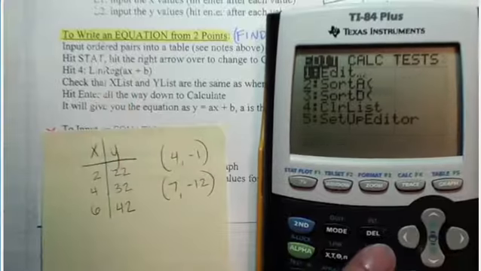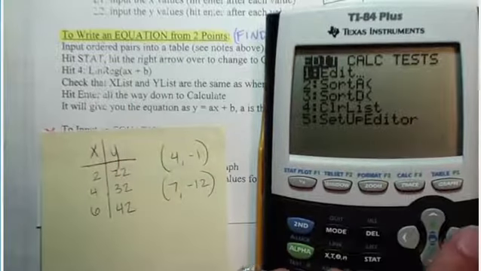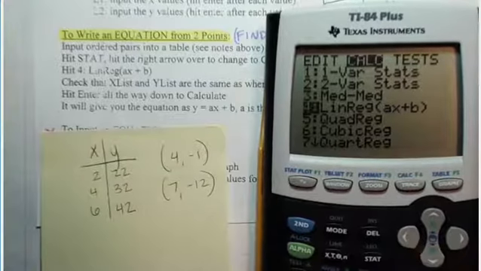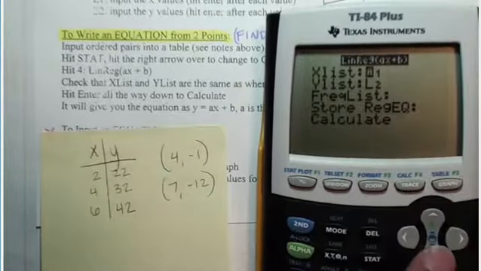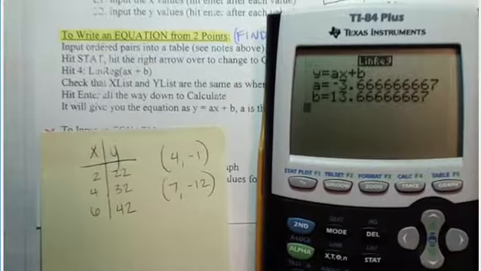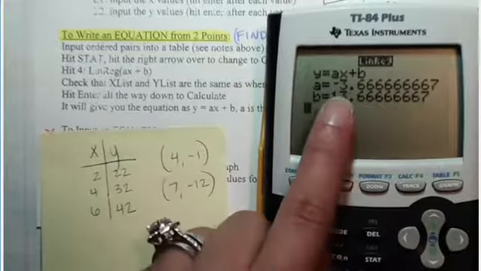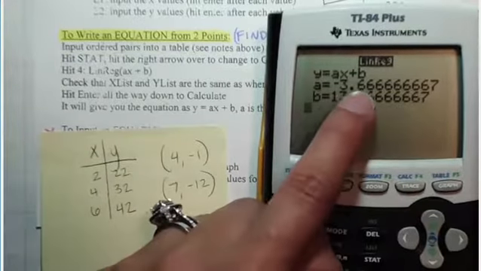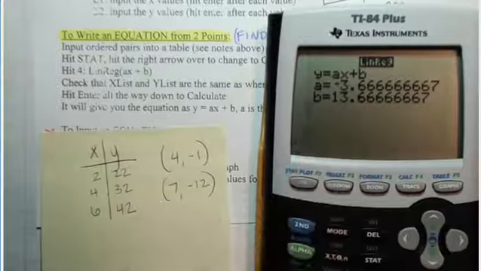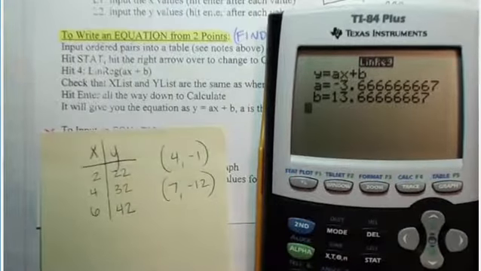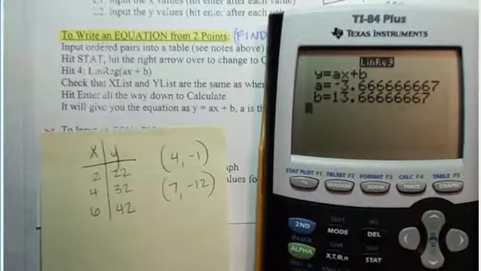So I go to stat, calculate, so over to the right one, down to lin reg, scroll all the way down to calculate, and the slope here, again, ax plus b, the a is the slope, it'd be -3.66 or -3 2/3. The y-intercept here is 13.66, 13 2/3.